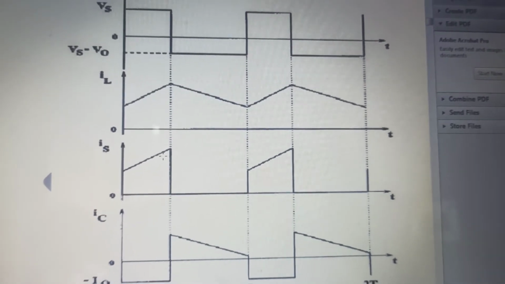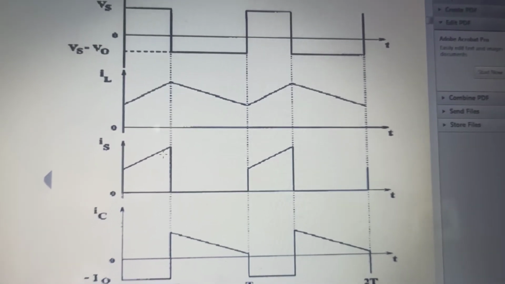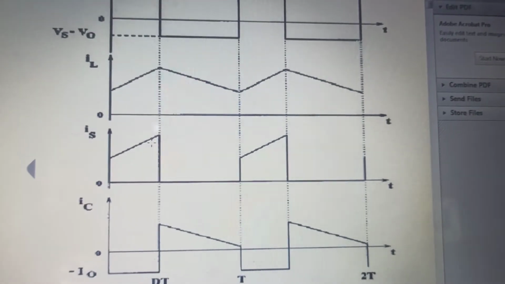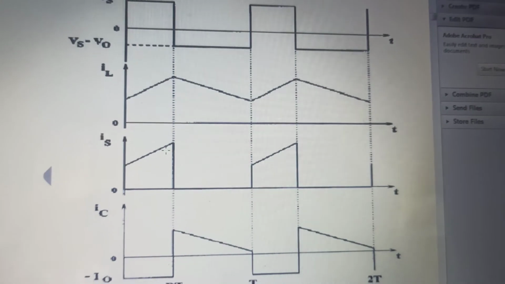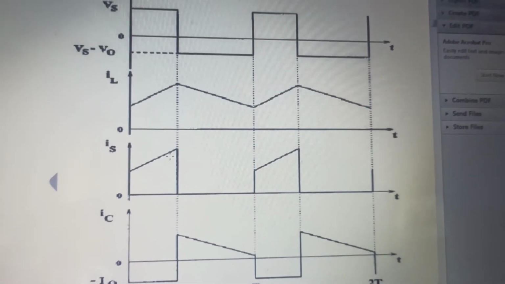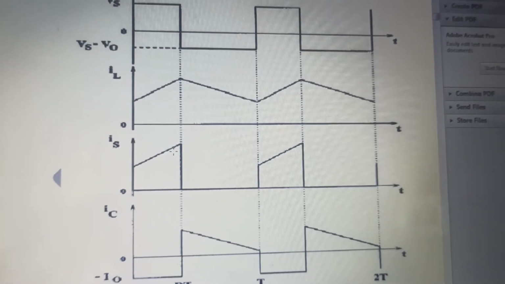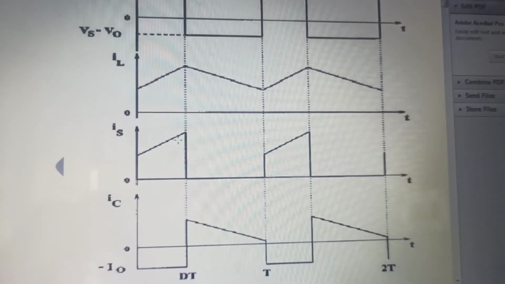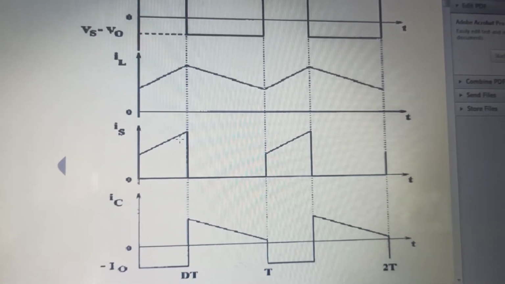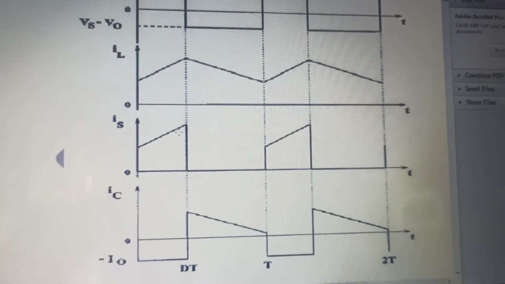If the IL is above the line 0, then we can say for sure that the converter is in the continuous conduction mode.